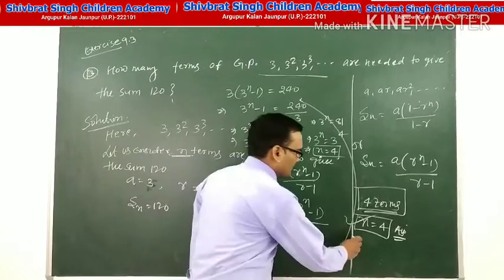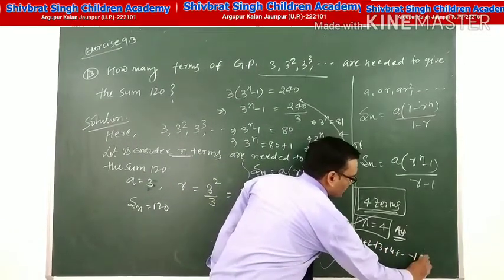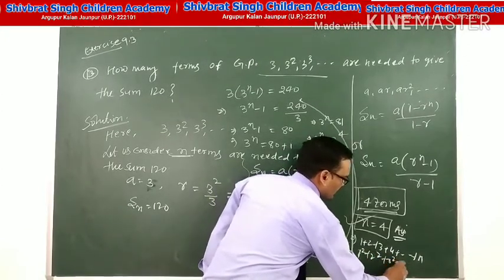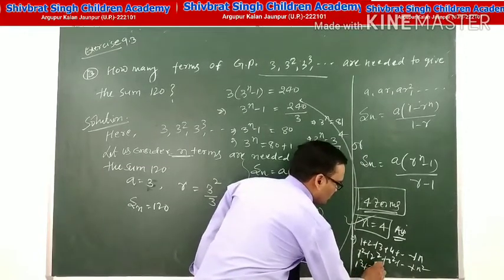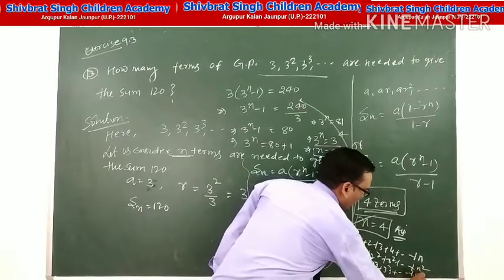Special series means 1 plus 2 plus 3 plus 4 and so on plus n, 1 square plus 2 square plus 3 square and so on plus n square, and 1 cube plus 2 cube plus 3 cube and so on plus n cube.